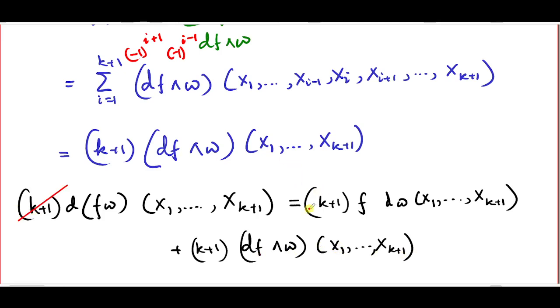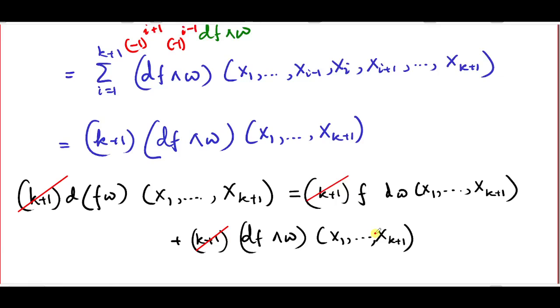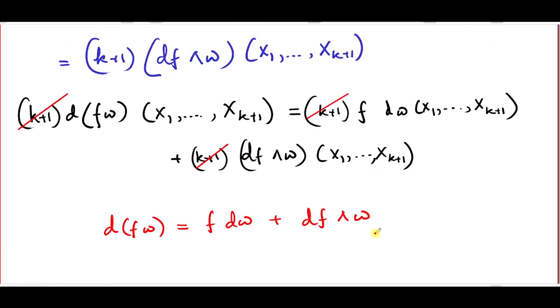So cancelling out the k plus 1 common factor from both sides, and given the fact that you are using exactly the same bunch of k plus 1 vector fields on both sides, we immediately end up with this very important result. The exterior derivative of a function times omega is the function times the exterior derivative of omega plus df wedged with omega.